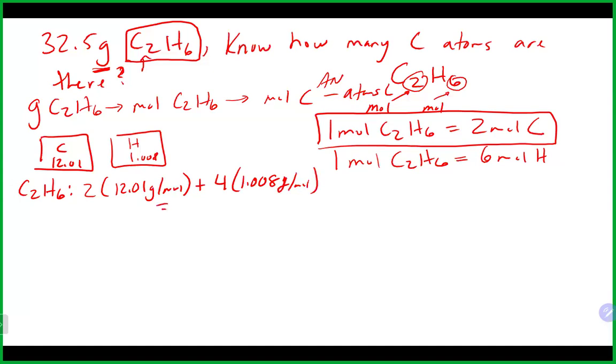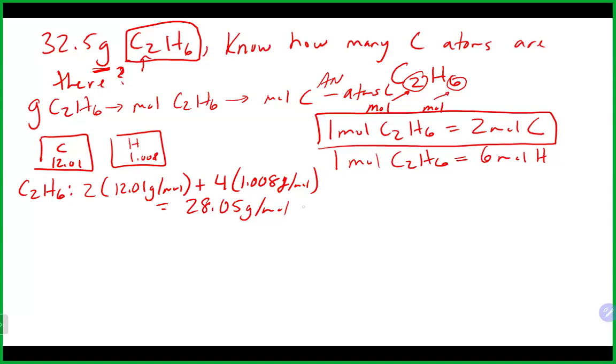That is 2 times 12.01 plus 4 times 1.008. It's going to give us something like 28.05 grams per mole. And again, on your calculator, you got 28.052. So as the question was earlier, here I would just round to 4 sig figs. It's just a good common practice.